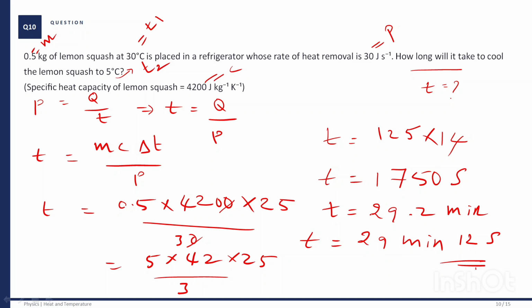Okay, a small difference between this and the last problems. Time in minutes as well as in seconds. So time t equal to 29 minutes 12 seconds. The next one.